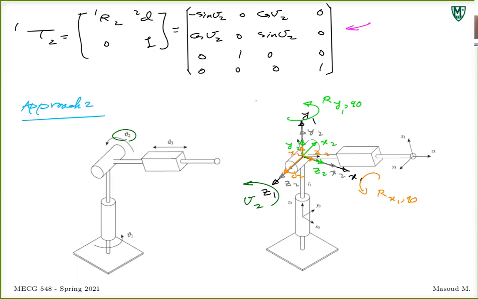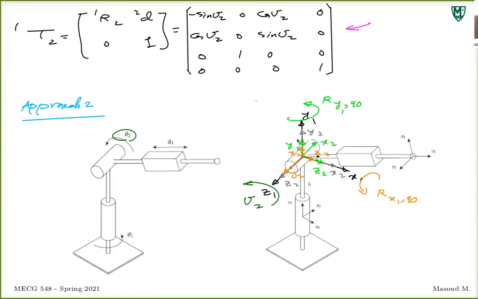It becomes the orange axis, because x2 comes up, y2 comes down, and z2 just stays where it is because the rotation is happening around it. After these two 90 degree rotations, I get the orange axis. I went through all the rotations needed.